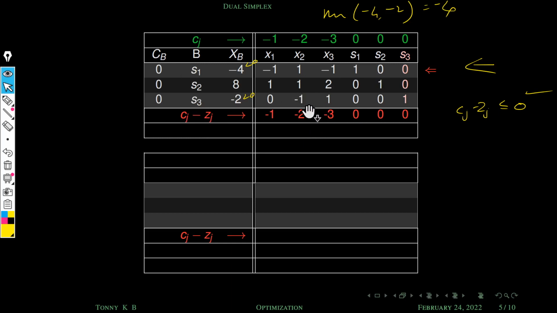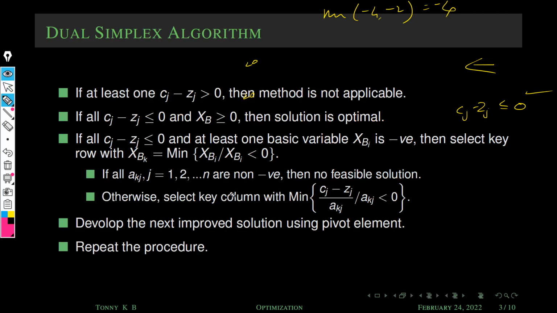How to find the key column? This is the procedure for finding the key column. If all akj, j equal to 1 to n, are non-negative, that means the elements corresponding to the key row are non-negative, then there is no feasible solution. Otherwise, suppose at least one negative is there in that particular key row, then we have to find cj minus zj divided by the corresponding negative akj, then take the minimum.